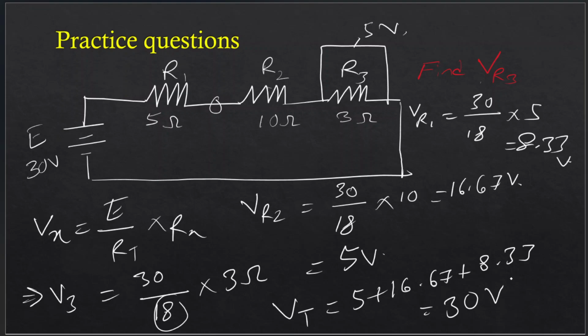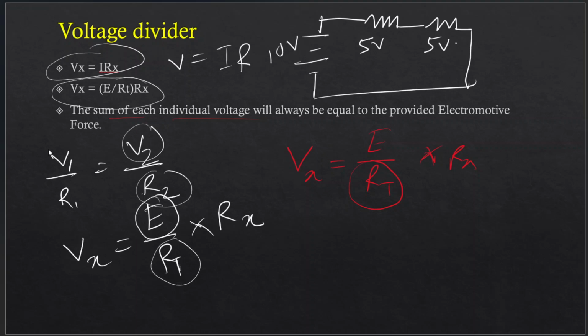So we have verified that this statement is indeed true. The sum of each individual voltage will always be equal to the provided electromotive force. But again, this is only applicable for series circuits.